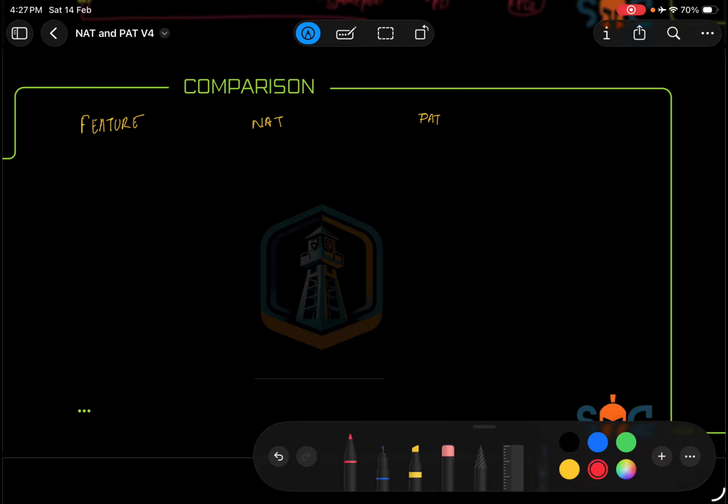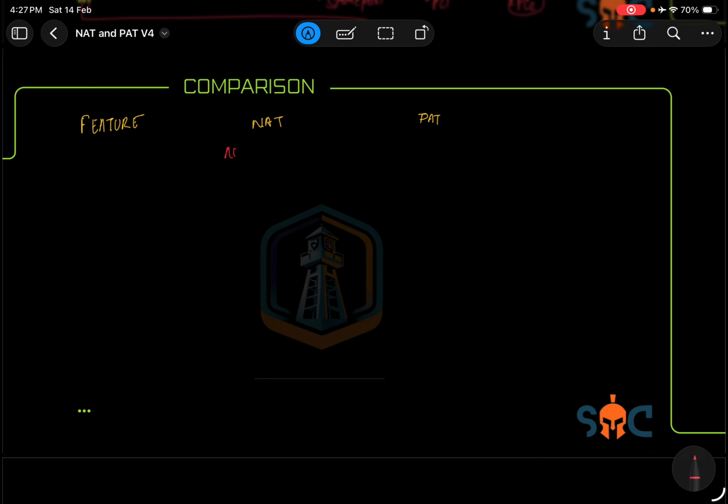Okay, so NAT stands for, as already discussed, network address translation, and PAT for port address translation. How is mapping done?